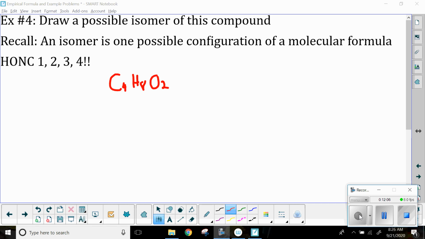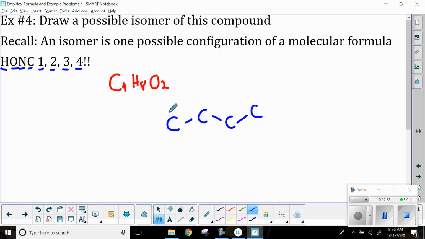You might remember back from the fall the phrase HONK, 1, 2, 3, 4, which means that hydrogens always have one bond, oxygens will always have 2 bonds, nitrogens will always have 3 bonds, and carbons will always have 4 bonds. So I start with carbons in this case, and I'm going to just draw out my 4 carbons.